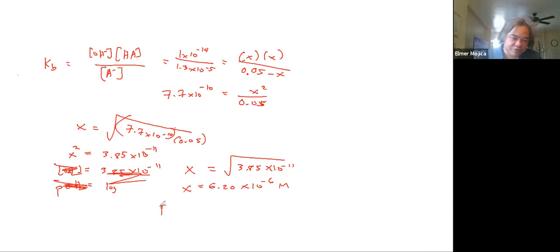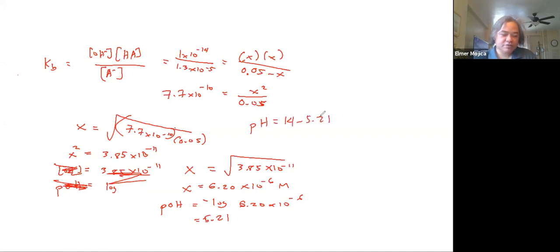And then you get the pOH. I get 5.21. So to get the pH, that's 14 minus 5.21. I get around 8.79.